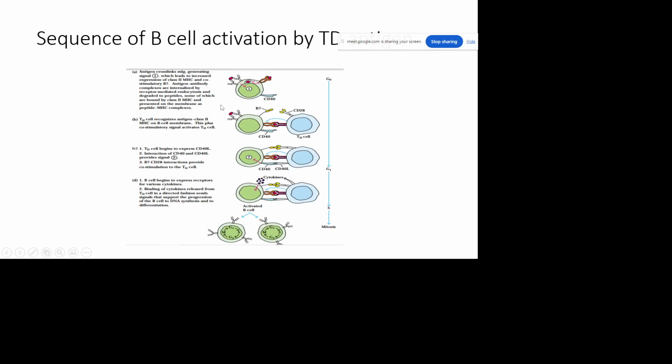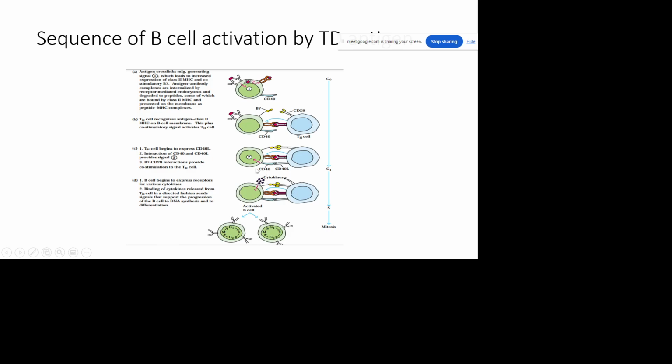One is the membrane immunoglobulin and the antigenic interaction. Second is CD40 and CD40L interaction with the helper T cell, and B7 and CD28 will act as co-stimulation. So all of this will allow the B cell to express the receptors for various cytokines, which will be released by the helper T cell.